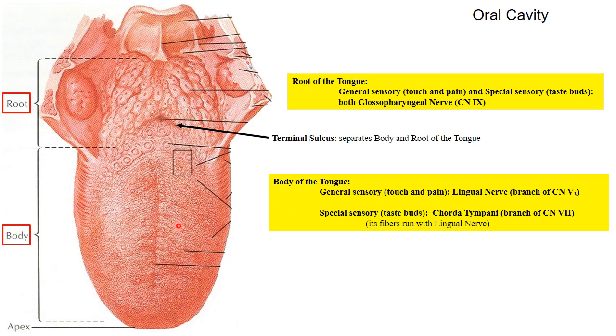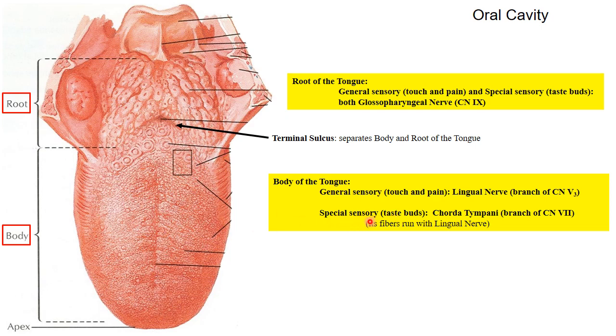Now, the body of the tongue, which is this portion here, as well as the apex here, remember, has that split innervation. Ultimately, by the time we get to the oral cavity, it's all lingual nerve. But remember, lingual nerve is carrying axons from another nerve. General sensory supply to the anterior two-thirds of the tongue and the apex, so touch and pain, is going to be the lingual nerve proper, axons that travel with the lingual nerve and stay with the lingual nerve, which is a branch of V3. That's general sensory.